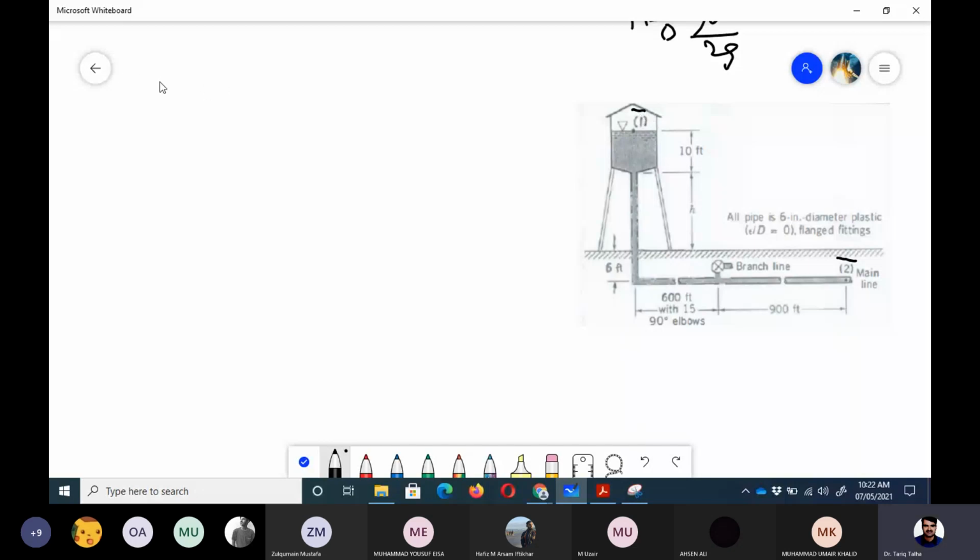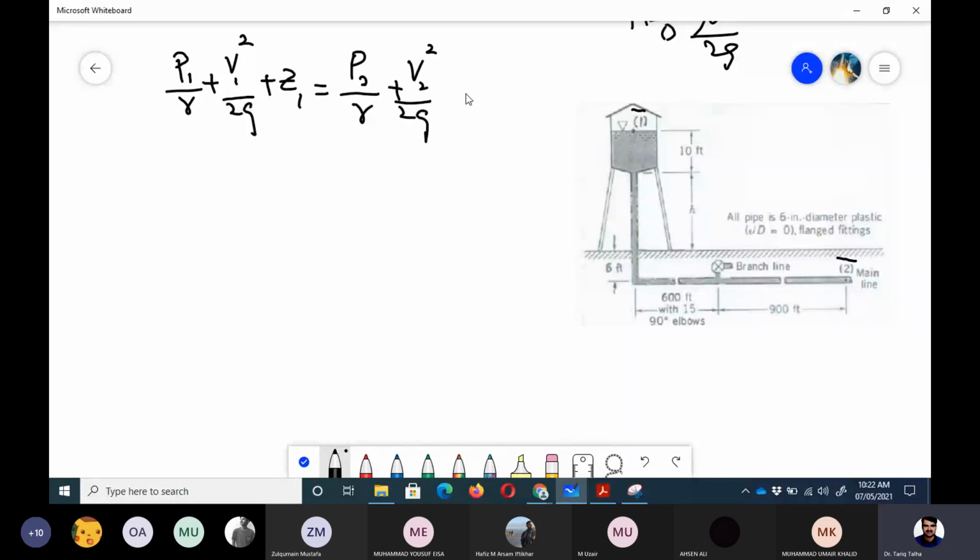So if we write the energy equation here, we can write P1 upon gamma plus V1 square upon 2G plus Z1 is equal to P2 upon gamma plus V2 square upon 2G plus Z2 plus FL upon D V square upon 2G.